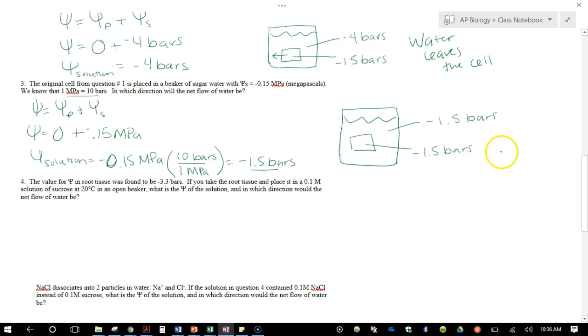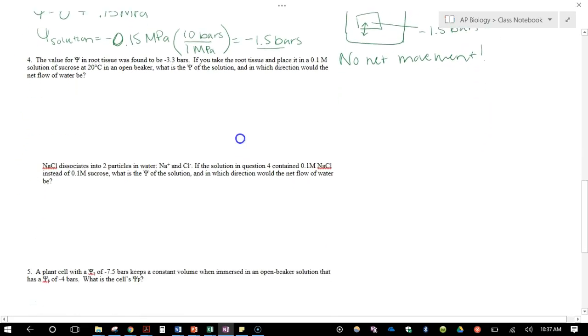Because they are both the same, we are going to be in equilibrium, so you will have no net movement of water. But keep in mind, water and all molecules are always moving, so you are going to have some movement in and out, but no net movement.